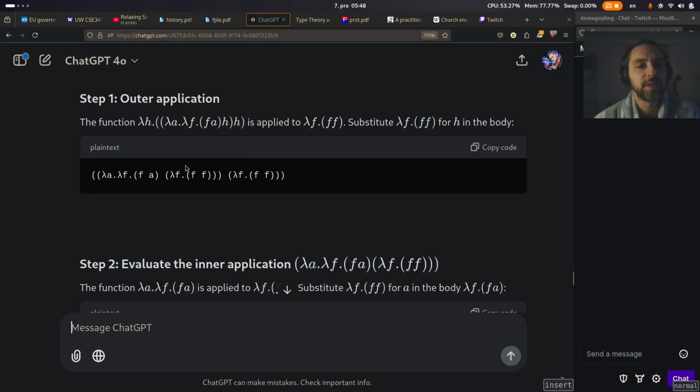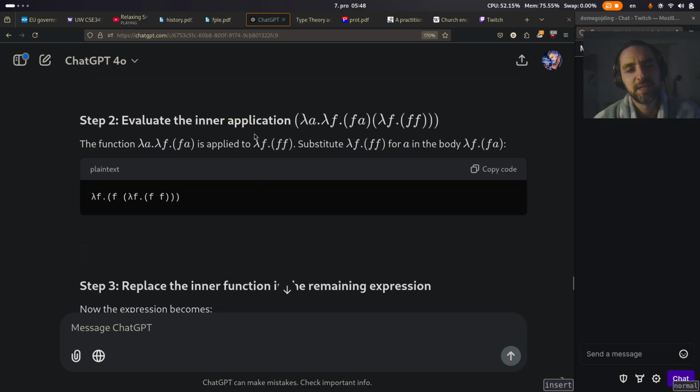Yeah. So the outer application, the function lambda h, is applied to lambda f dot ff. Substitute lambda f dot ff for h. That's what we do. We get this expression and we get the two self-application functions outside. Evaluate the inner application.